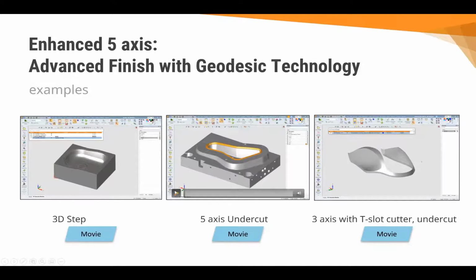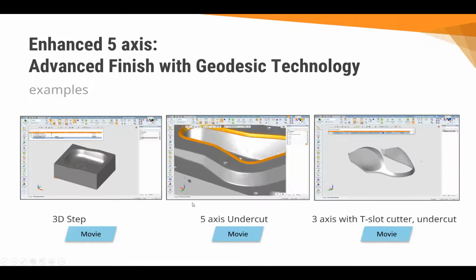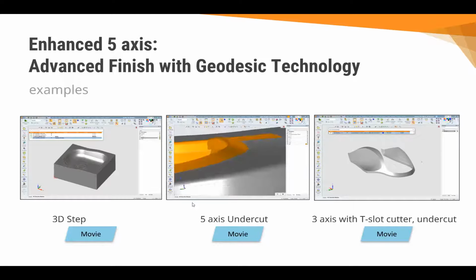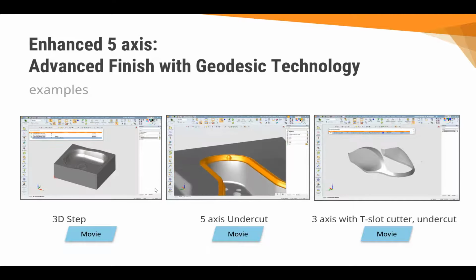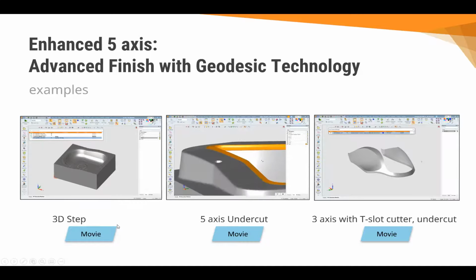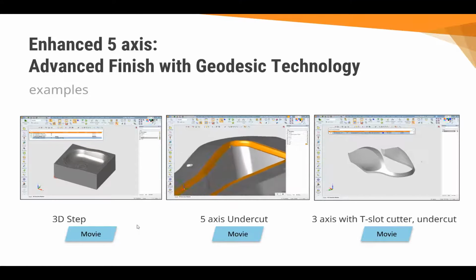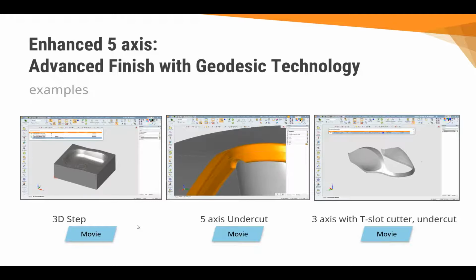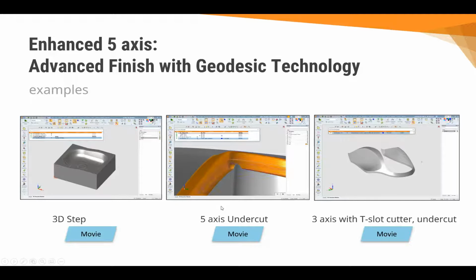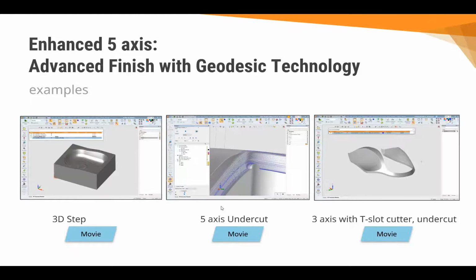Moving on to the 5-axis undercut tool. We can see the undercut on the part here, and see the tool and how it focuses in on these areas.